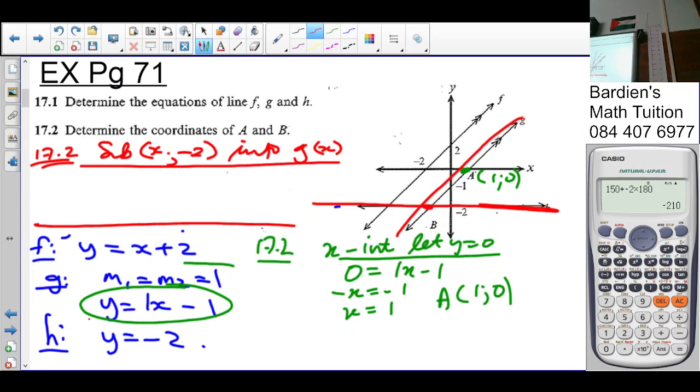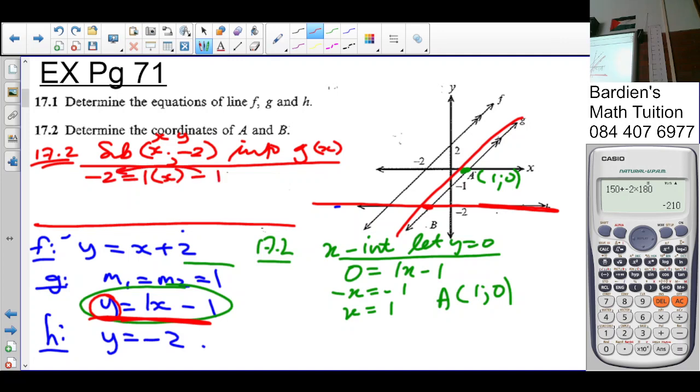So the G equation is again this here. Remember, that's an x and a y. So there's your y. So negative 2 is equal to 1 times x minus 1. You take it over the equal sign.